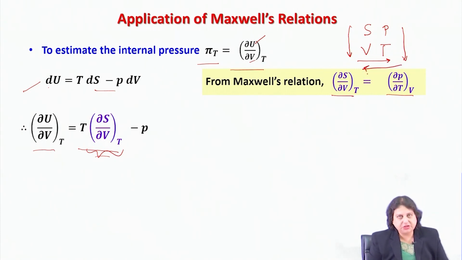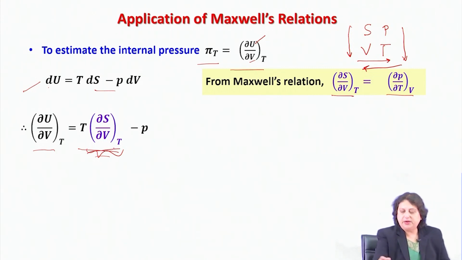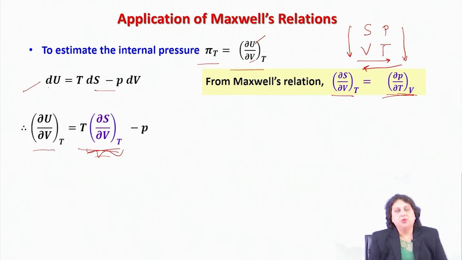Now, as the first step that I'm taking in finding out these partial derivatives is vertical, I don't have to add that negative sign. And therefore, even without consulting the list of Maxwell's relations, I can very quickly say that this particular quantity can be replaced by a much more useful quantity, which is (∂P/∂T)_V.